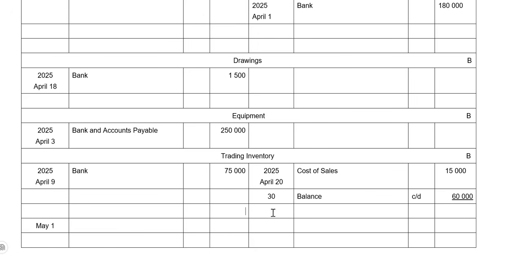Then what we do, according to manual bookkeeping balancing rules, we add both sides up on the same line. And both sides now equal 75,000. But what is the balance of trading inventory? 60,000. On the last day of the month, on the first day of the next month, we have the balance.